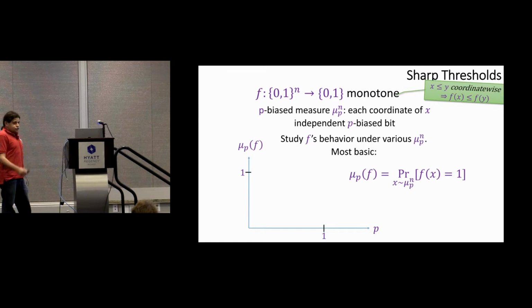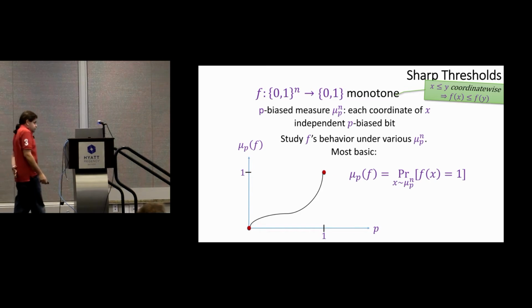Let's assume that f is not a trivial function, meaning it's not constant. Then certainly we know 2 points on this graph. We know that if p is equal to 0, the average is 0, and if p is equal to 1, the average is 1. Besides that, we know that f is monotone, so the curve looks something like that. It's some increasing curve from the 0 point to the 1 point.